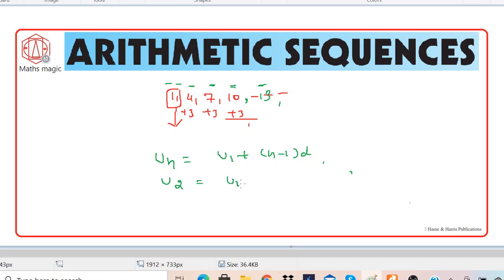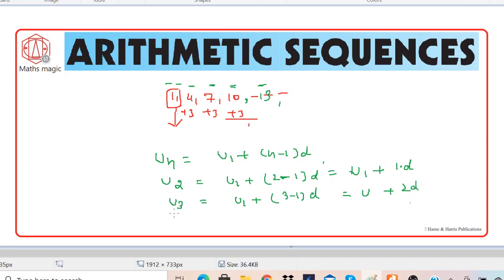u1 remains as it is, then 2 minus 1 into d. So 2 minus 1 is 1d. Now if you replace n with 3, then it becomes u1 plus 3 minus 1 d, u1 plus 2d.